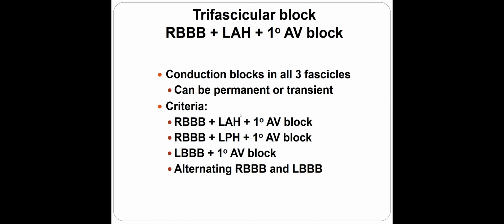Another example is left bundle branch block together with first degree AV block. That can again be a trifascicular block, with alternating right bundle and left bundle. Some beats follow the pattern of the right bundle and others follow the left bundle. That can be typical.